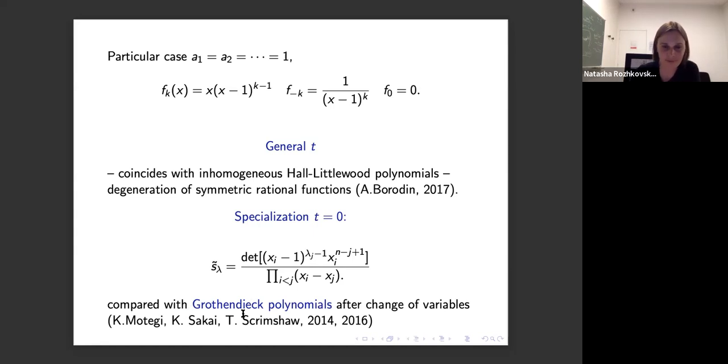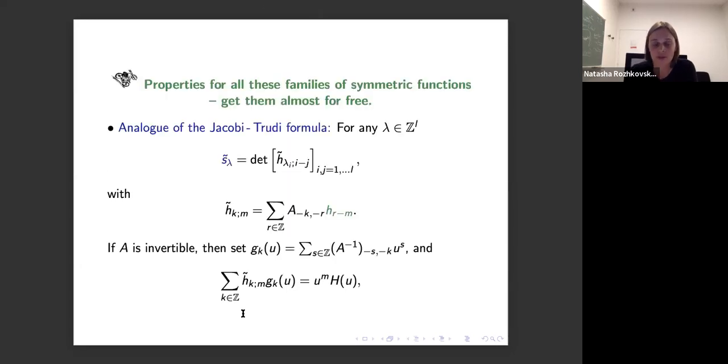In the papers of many people, there is a lot of literature on that. Okay, so by this list, without explaining what these symmetric polynomials are, I just tried to convince you that the construction that we discussed today appears quite often in different areas of mathematics, in algebraic geometry, in algebra, in representation theory. So it's quite natural.